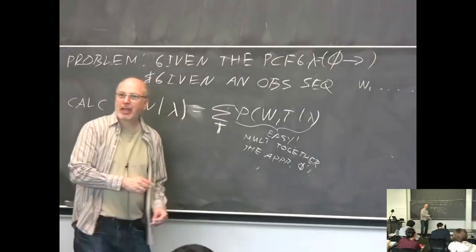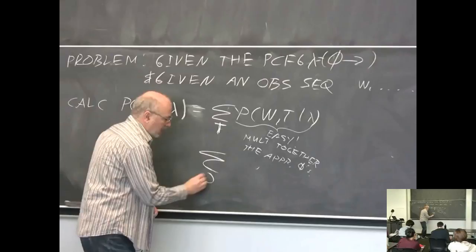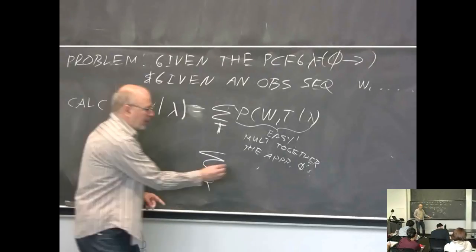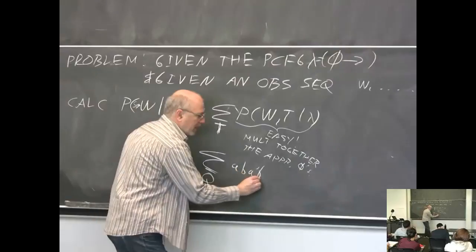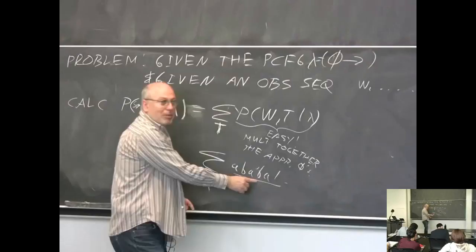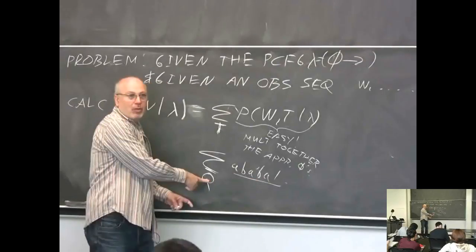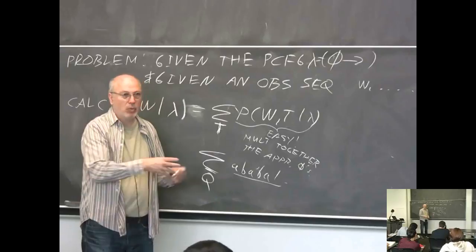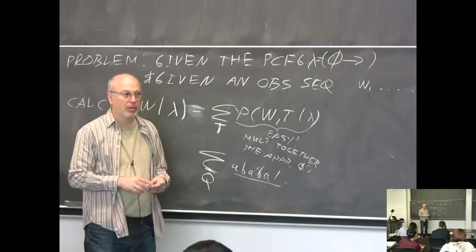Very similar to what we did in HMMs when we summed over all hidden state sequences, remember? There we had the sum of A times B times A times B times A times B, and we said this is easy to do, but you have to do it an exponential number of times. The number of possible trees typically grows exponentially with the length of a sentence.